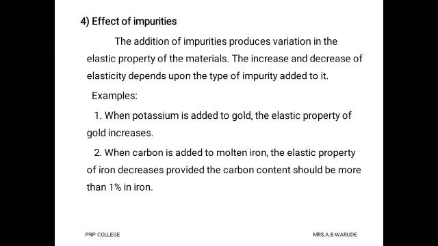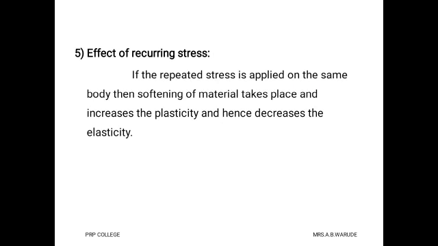So here is the difference. First, when potassium is added to gold, its elasticity increases. But in the second example, when carbon is added to molten iron, the elastic property of iron decreases. Therefore we say that the increase or decrease of elasticity depends on the type of impurity added to the material.